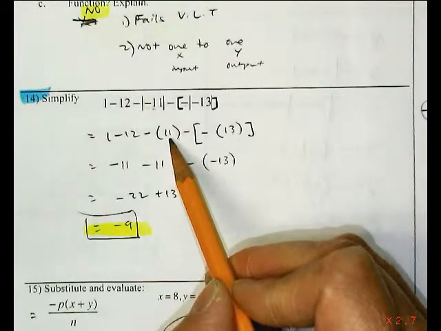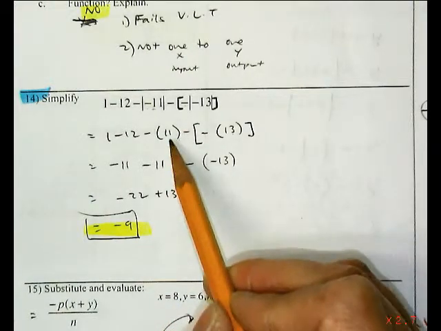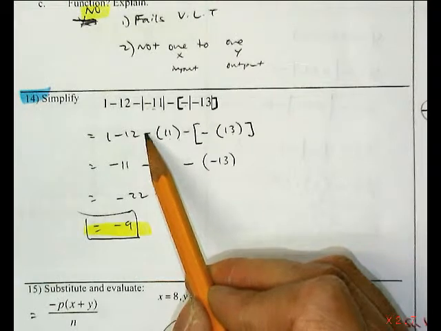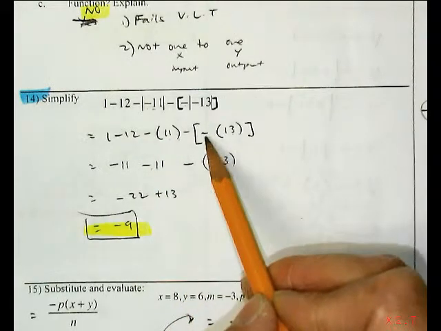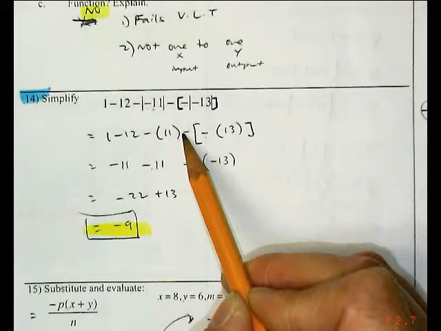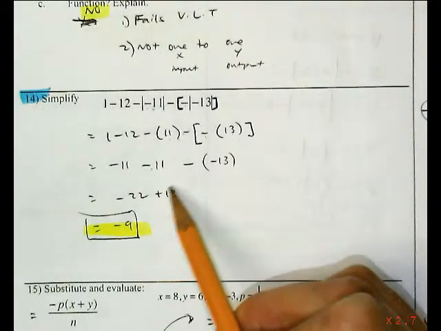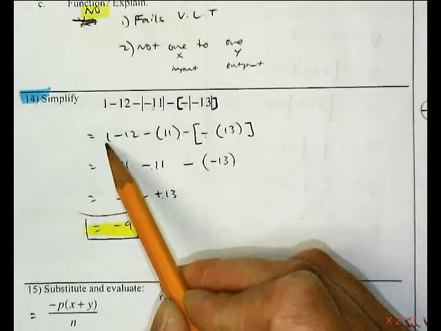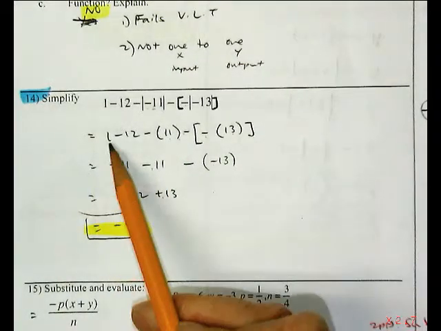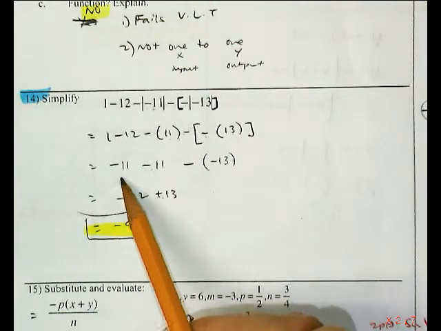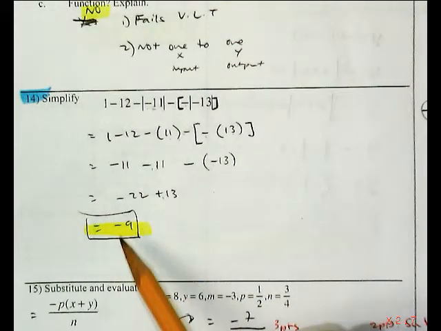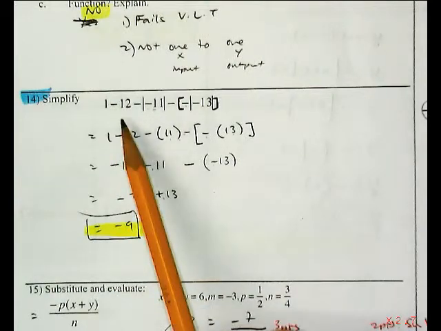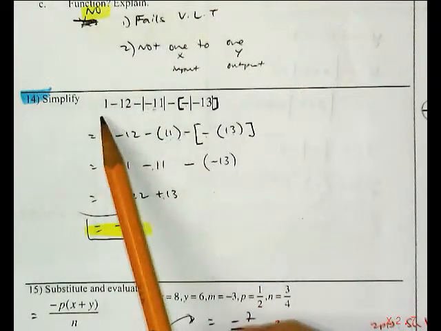Now after taking care of the absolute value sign, then you can go ahead and do the multiplication part. So that becomes a -11. This is a -13, and the opposite of a -13 is a +13. So now I have 1 minus 12 is -11, -22, and +13 gives me -9. Notice how the original problem doesn't have an equal sign, therefore it's an expression.